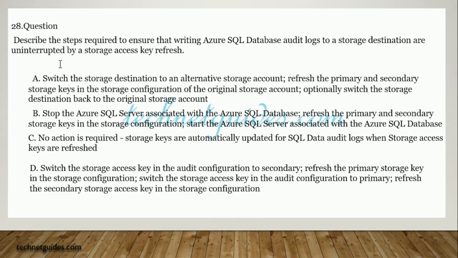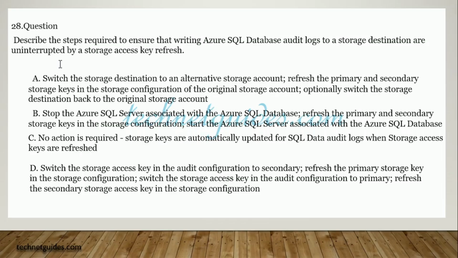Question number 28. Describe the steps required to ensure that writing Azure SQL database audit logs to a storage destination is uninterrupted by a storage access key refresh. Option A. Switch the storage destination to an alternative storage account. Refresh the primary and secondary storage keys in the storage configuration of the original storage account.